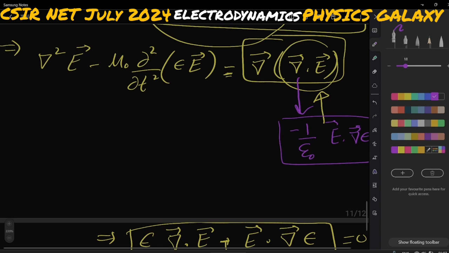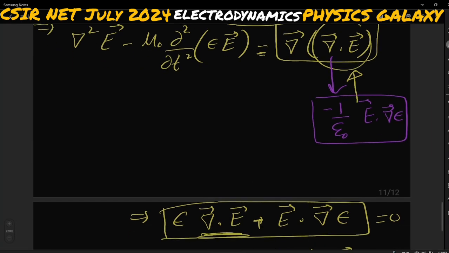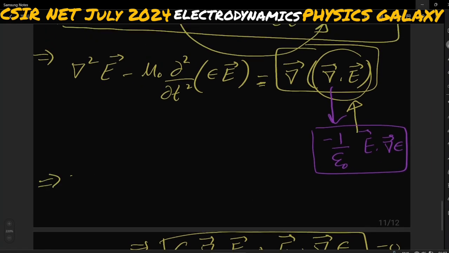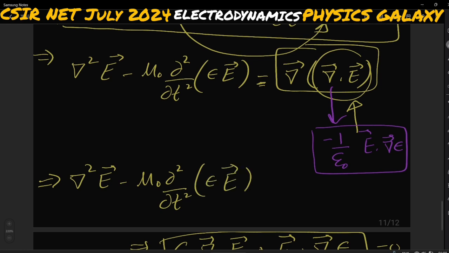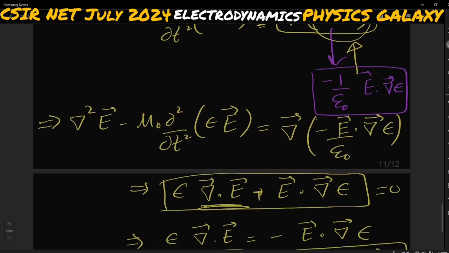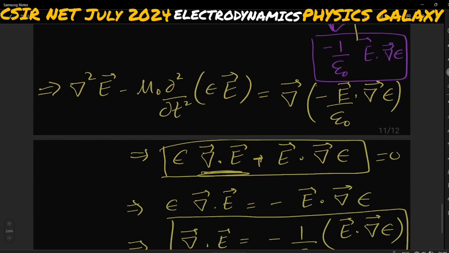Then what I will get is the final equation. It will be del square E minus mu naught dou square by dou t square of epsilon E equals to gradient of minus 1 over epsilon, or I can say E dot gradient of epsilon. Let me clear these things.